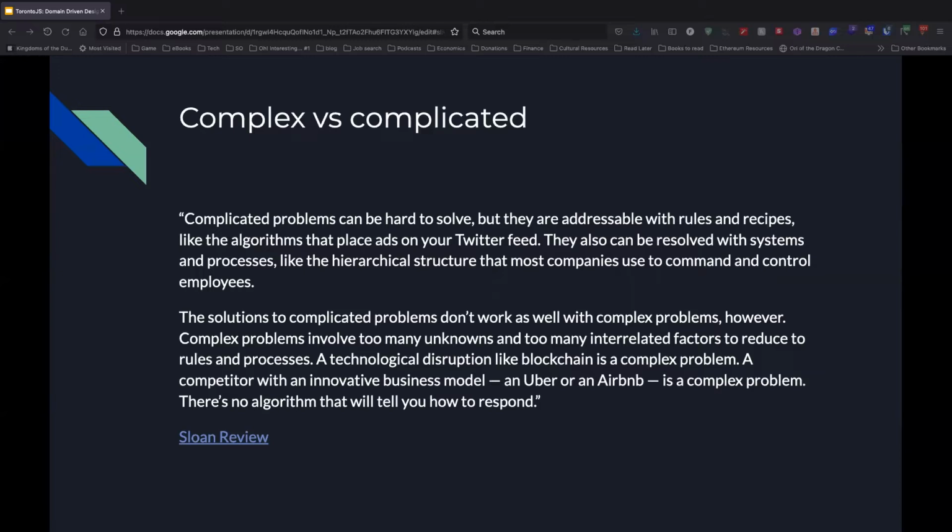I'm taking it here from the Stone Review: complicated problems are problems that you can solve using a set of steps, very algorithmic in nature. And complex problems are things that emerge, where the hardness comes about because of the various interactions within the system, or because there are nuances that are very hard to capture just through algorithmic procedures.